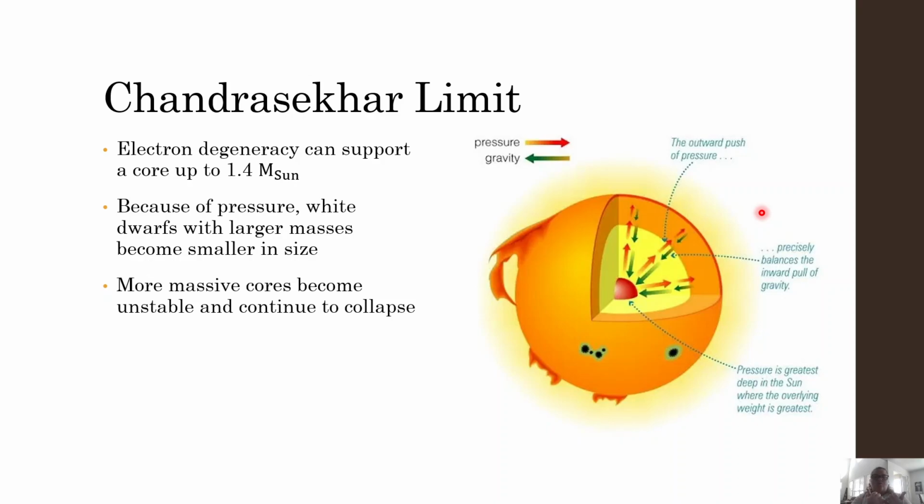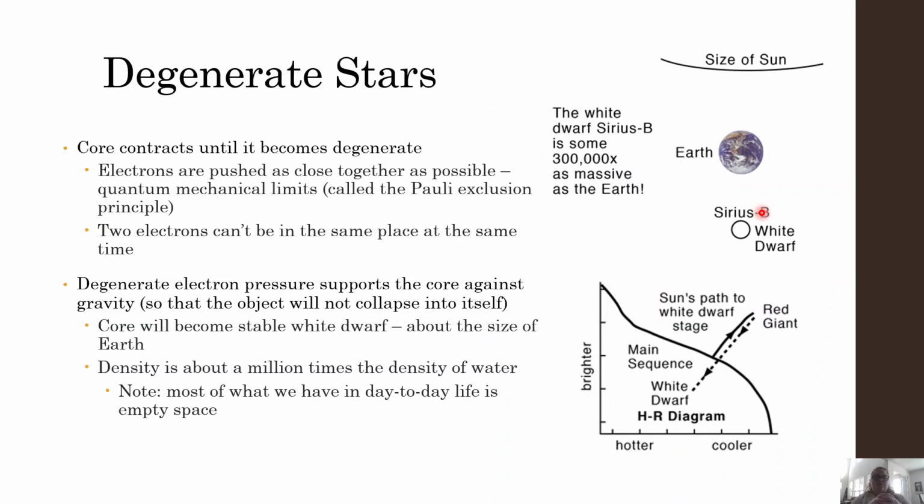So we have an outward pressure and an inward pull of gravity. And this is what is going to keep the object from collapsing against itself, or into itself, because we have this pressure outward and gravity inward, and so it will remain stable, and we call this a white dwarf.